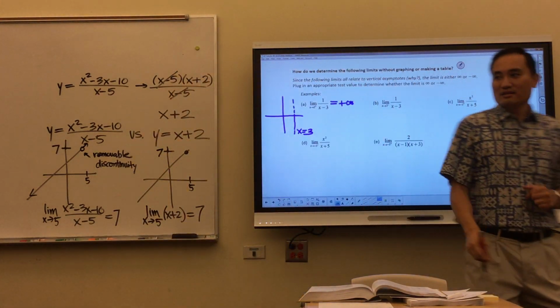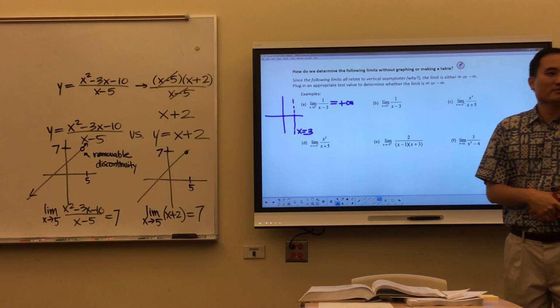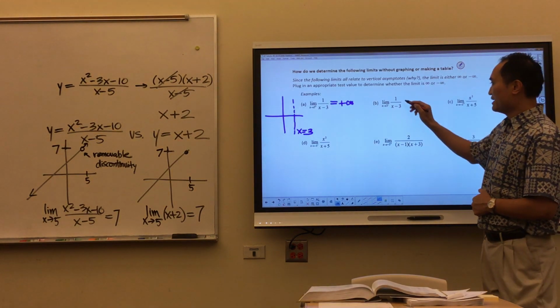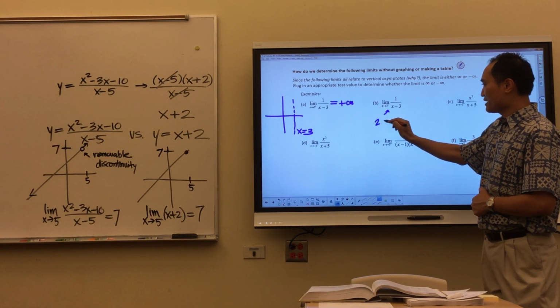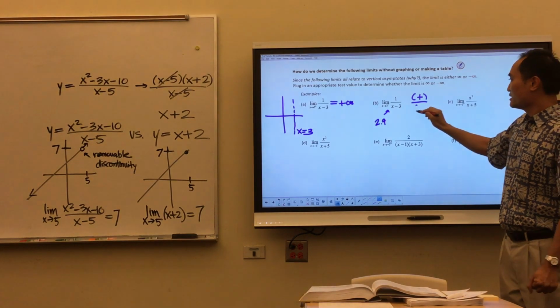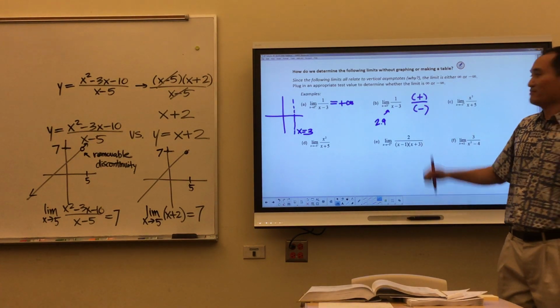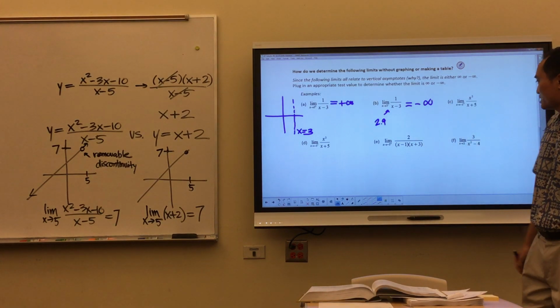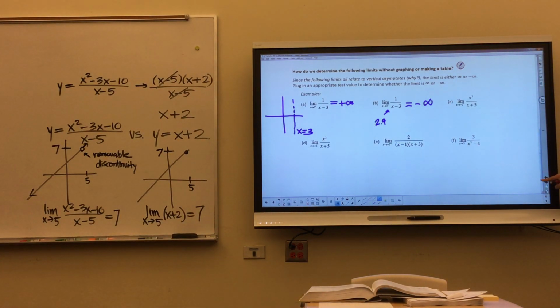Part B, x is approaching 3 from the left, so choose a number really close to 3 from the left, such as 2.9. If you put in 2.9 right there, the numerator is positive, the denominator is negative, making the whole thing negative. So your answer is negative infinity.